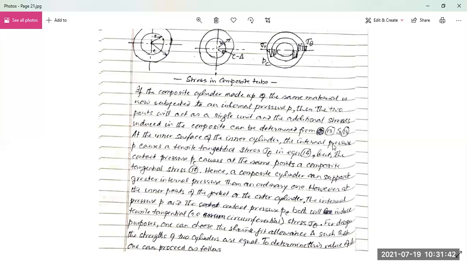So we can get sigma theta and sigma r from this equation.